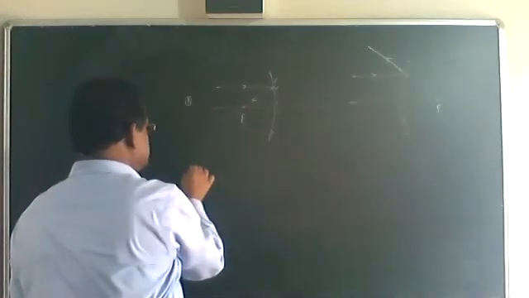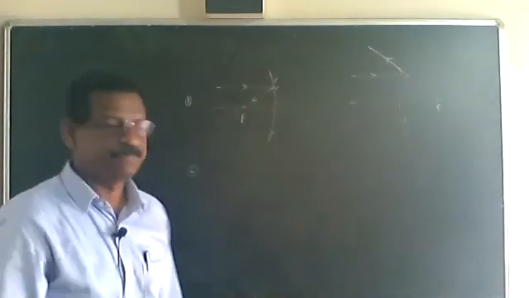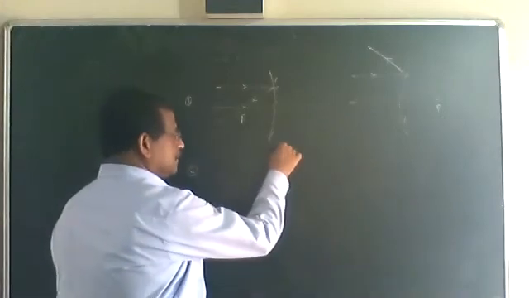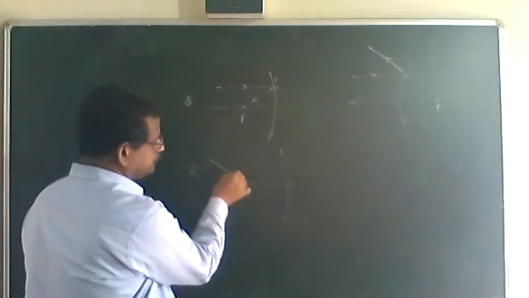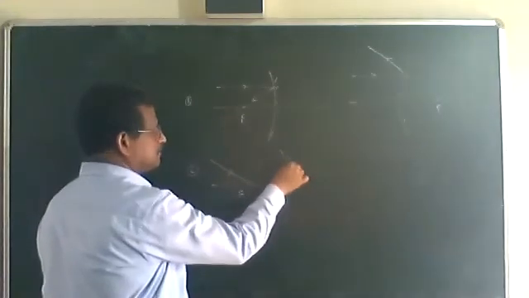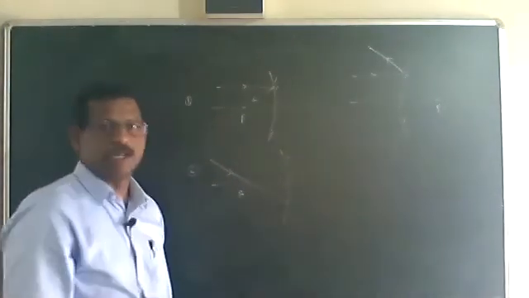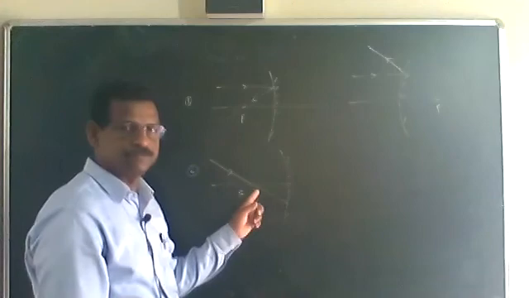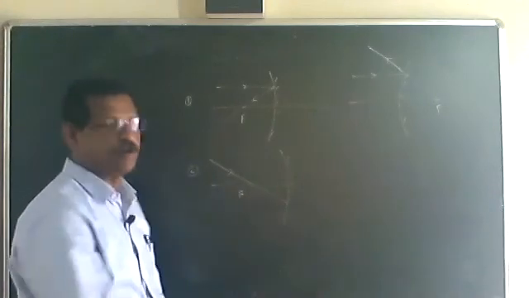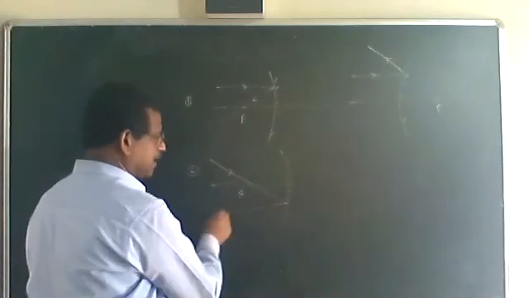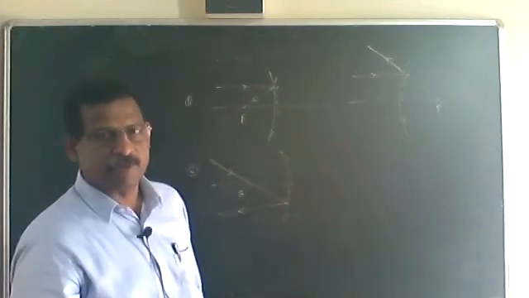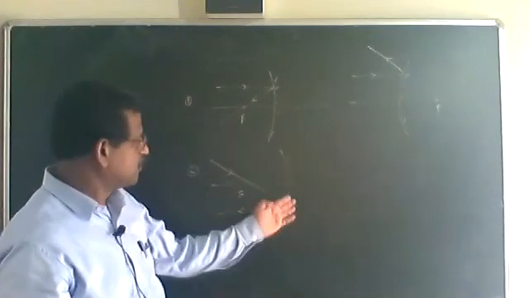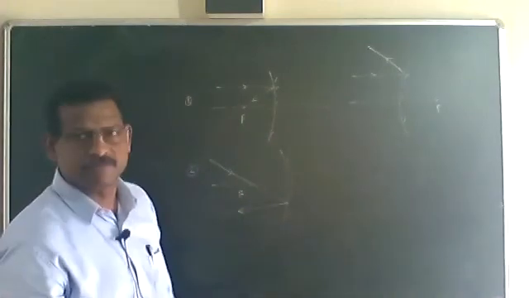Second one, just the reverse of this. A ray of light passing through the focus and reaching the mirror, after reflection becomes parallel to the principal axis.